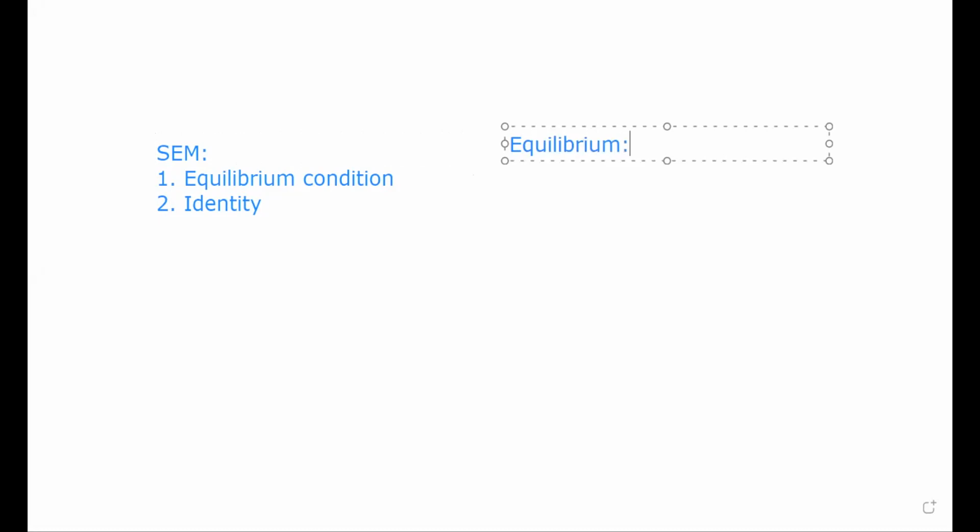For equilibrium, we can get here, for example, Q demand is equal to Q supply.